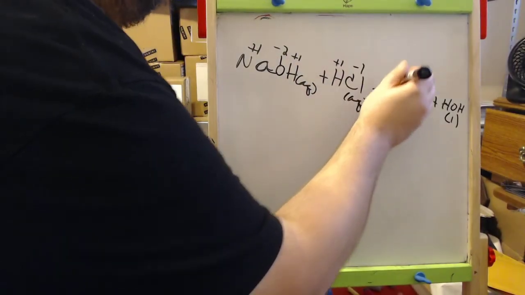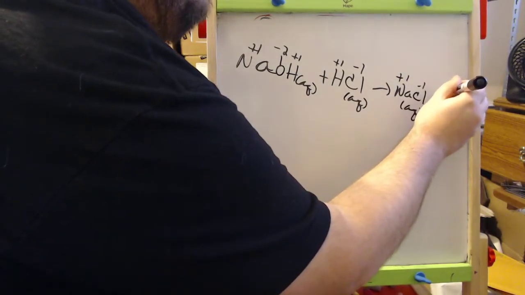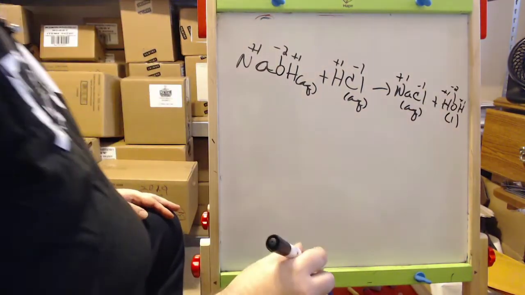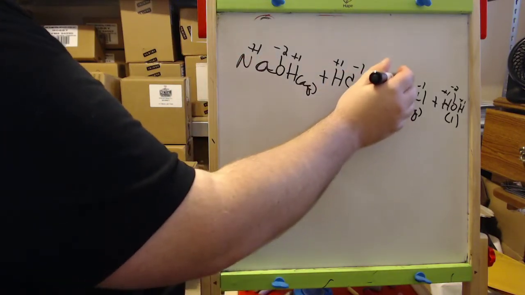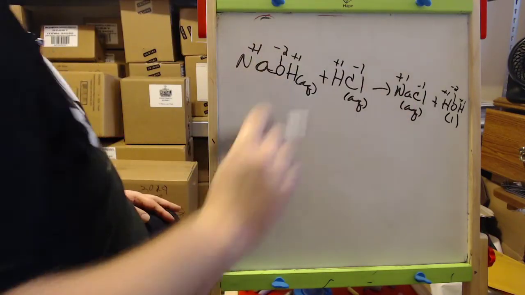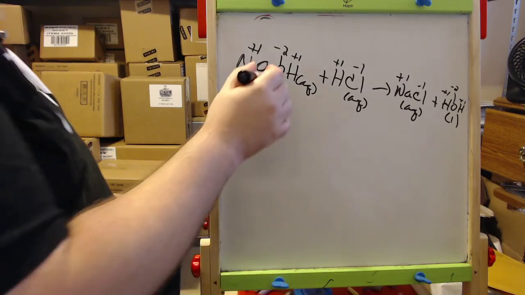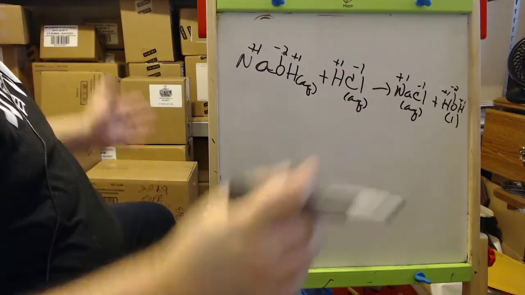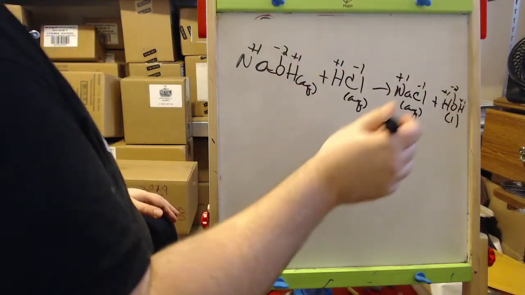All right, we go over on this side. Group 1 +1, group 17 -1, hydrogen +1, hydrogen +1, oxygen -2. Now we compare. Is there a difference between sodium's oxidation number on each side? The answer is no. It's a +1 here, it's a +1 here. How about oxygen? Oxygen's a -2, oxygen's a -2. No difference. How about hydrogen? +1, +1, +1, +1.